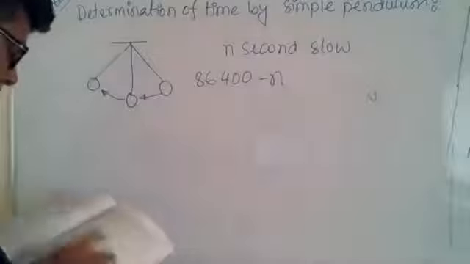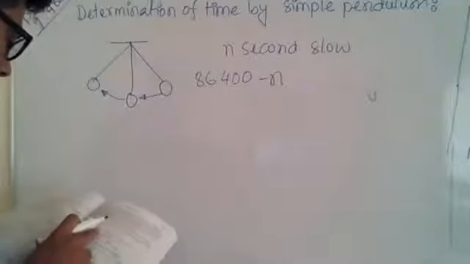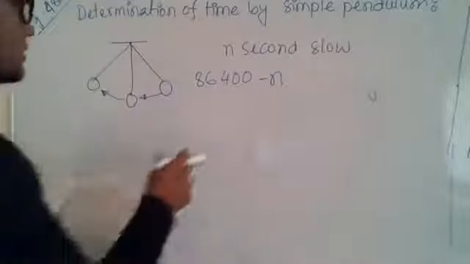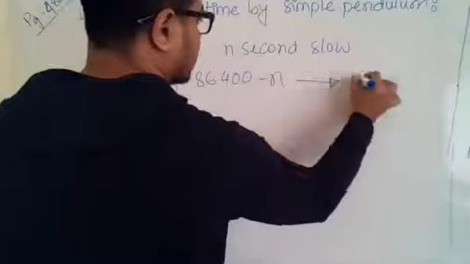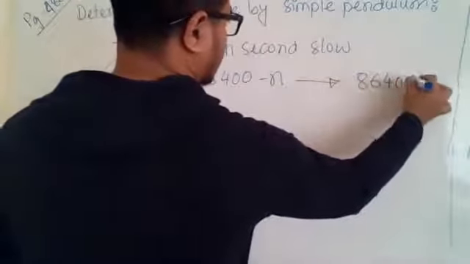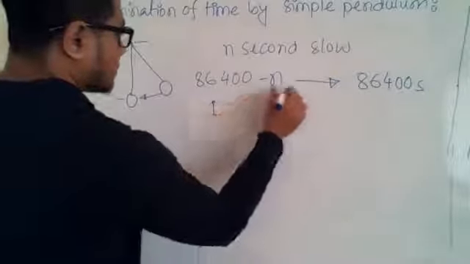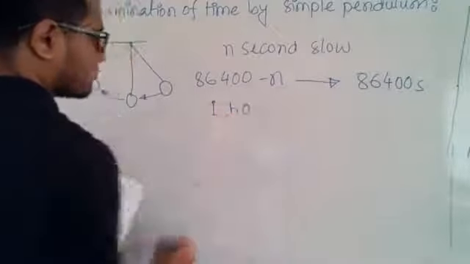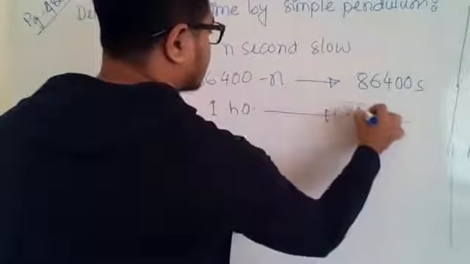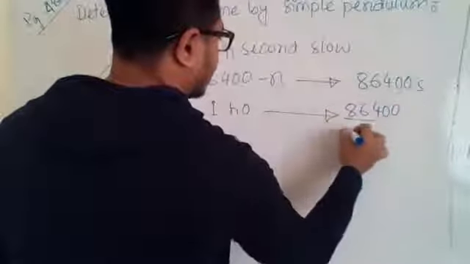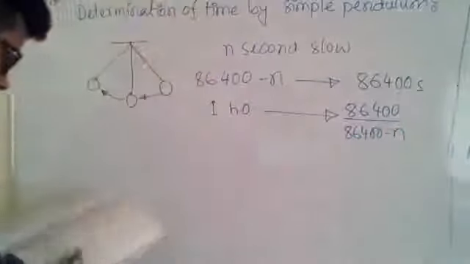Now the pendulum performs one half oscillation. For this, it will take, let me put it in this way, shortcut, 86,400 divided by 86,400 minus n.